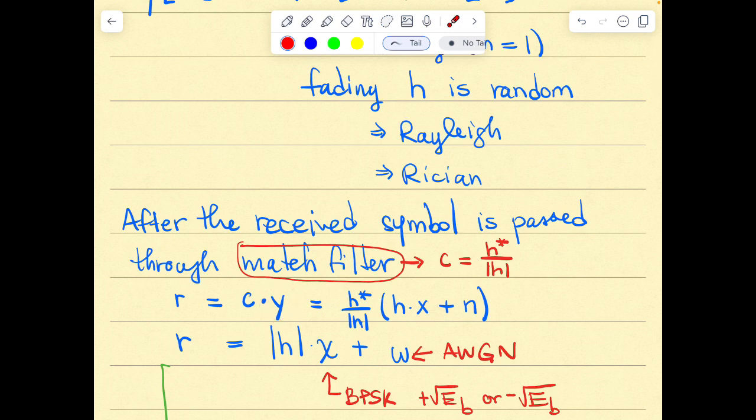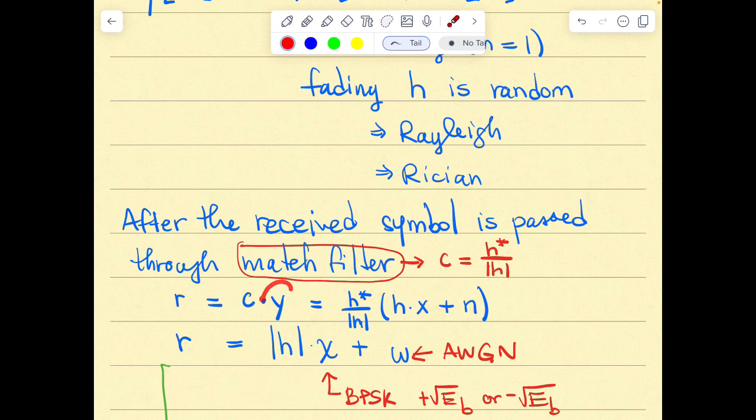We're gonna send it through the matched filter, which is this variable c. So what is this c? C is equal to h conjugate. Remember h is the channel coefficient, which is a complex number. So we take h conjugate and divide by the magnitude of h. So c has norm 1, so the norm of the matched filter is equal to 1. So it doesn't amplify the power of the signal.